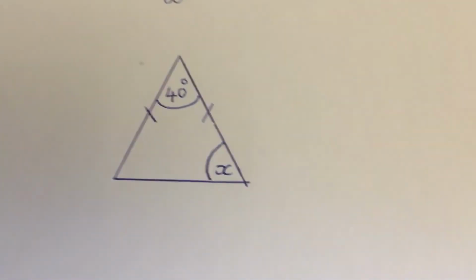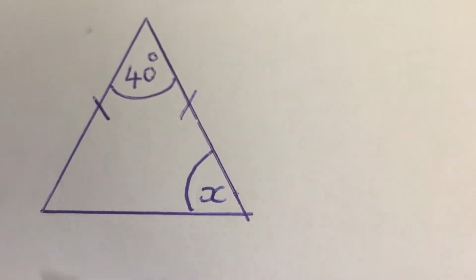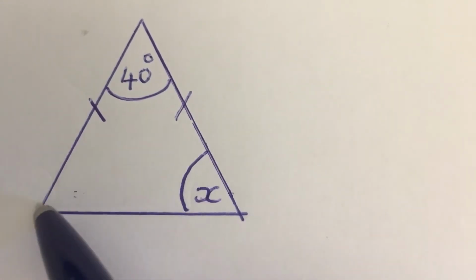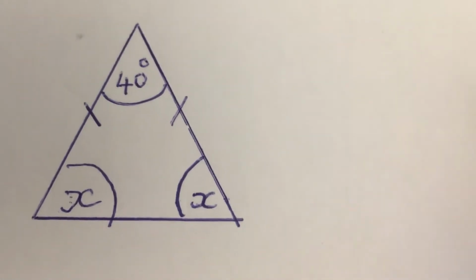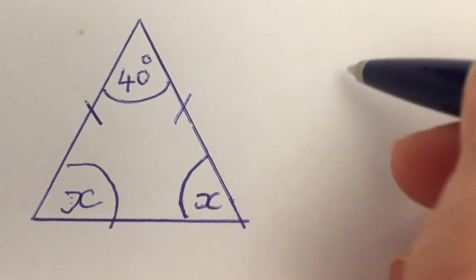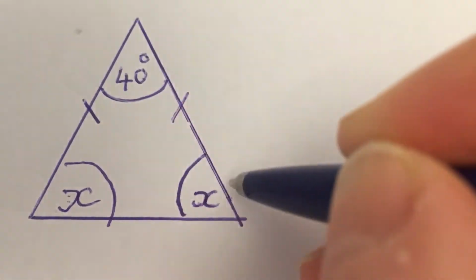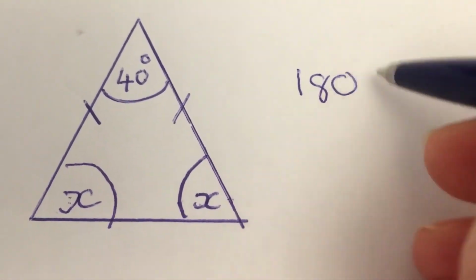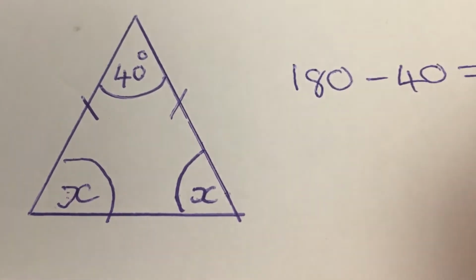Let's do another one. We know the three angles add up to 180. This time we don't know this angle. Now this angle and this angle are the same. So let's label this one x as well. So this time we know that these two angles add up to whatever is left after we do 180 minus 40.